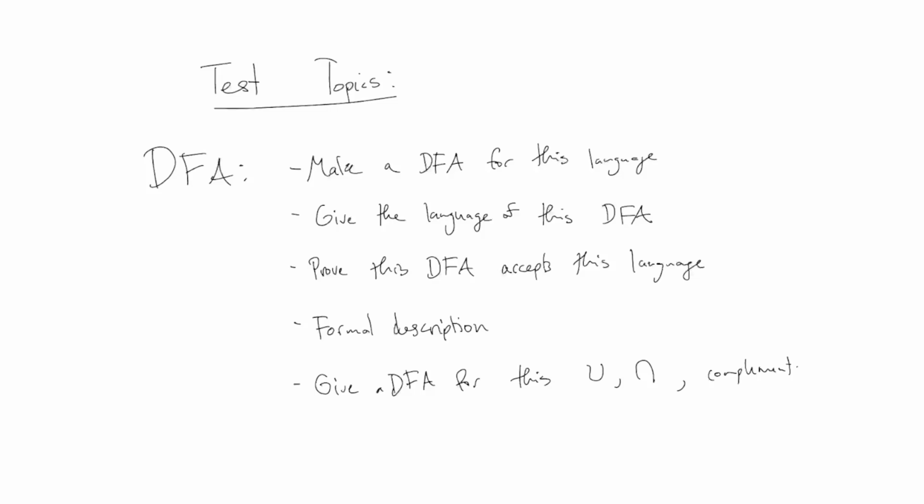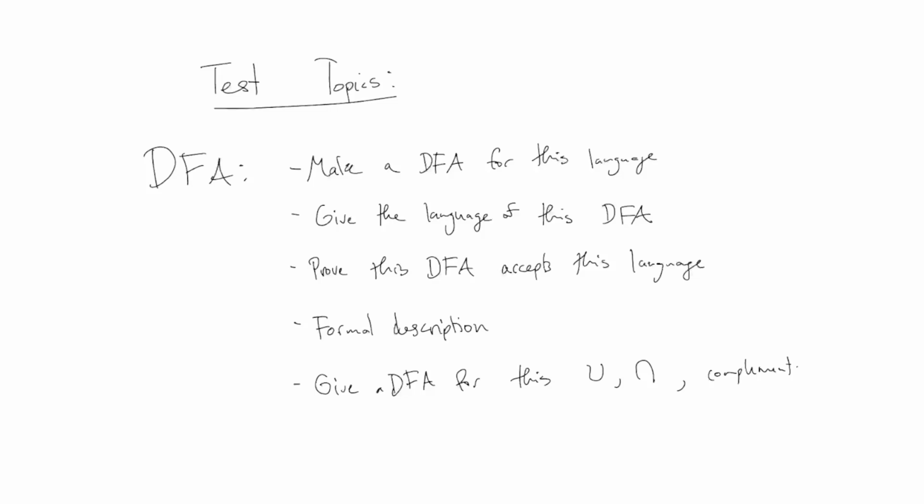The complement construction is even easier. If you have a given DFA and you want a DFA for the complement, you just use the same diagram, but you flip-flop all the accepting and rejecting states. All right, those, I think, were pretty much all the different types of questions that you might encounter concerning DFAs.